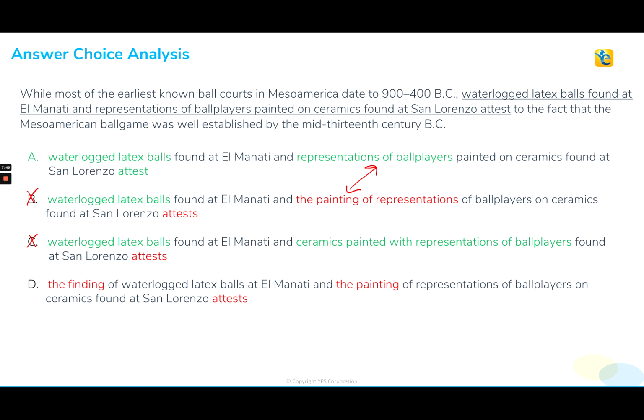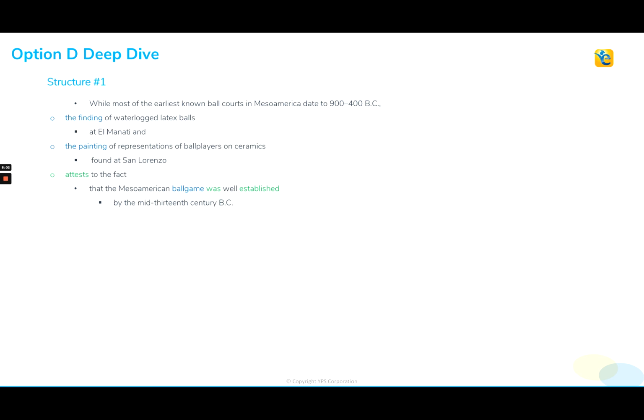Now let's take a look at choice D. Now, there's some debate over choice D. You'll notice the change first and foremost of now we have the finding as one of our subjects. So I want to talk about the structure here because there's a lot of questions about choice D and being able to eliminate choice D. So the first possible structure you see is the structure that I have where we have the two subjects, the finding and the painting, and then you have the singular verb attests.